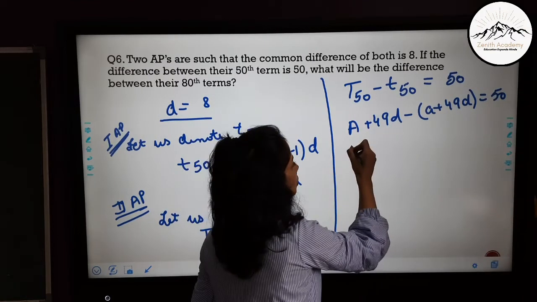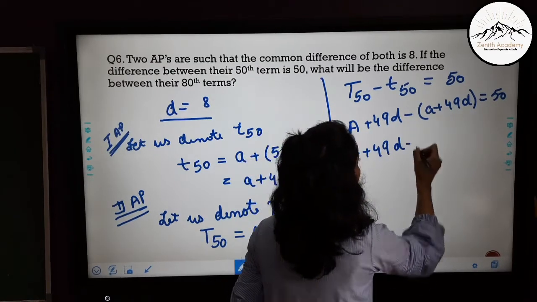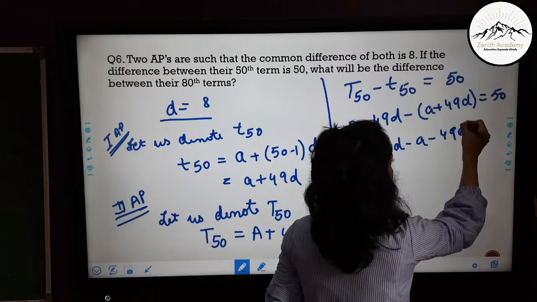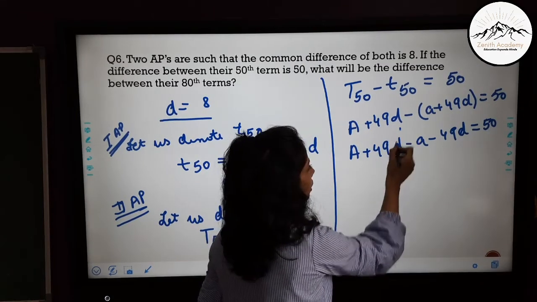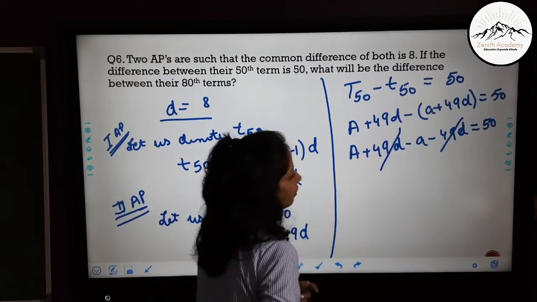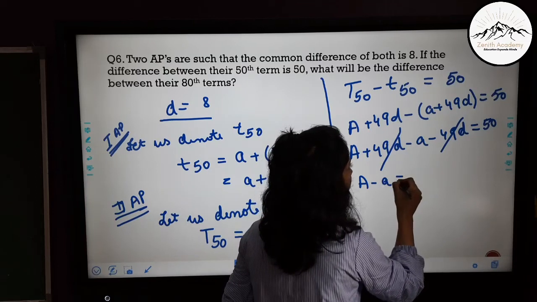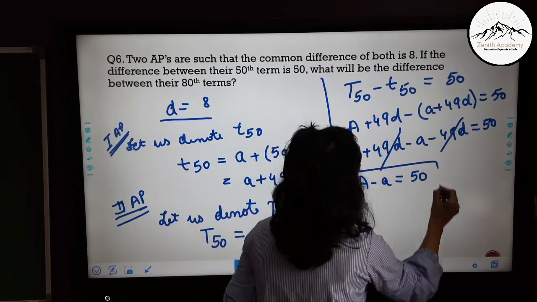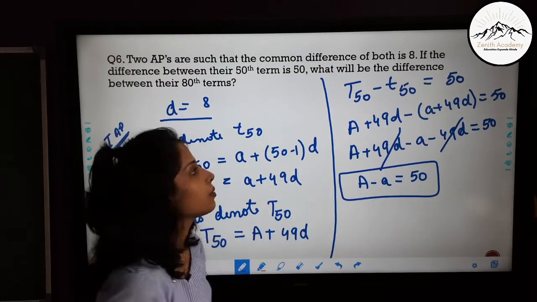Opening the bracket and changing the signs, 49D and minus 49D will get cancelled. What we'll get? A minus a is equal to 50. Now this was what was given in the question.